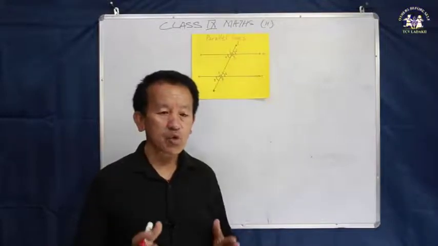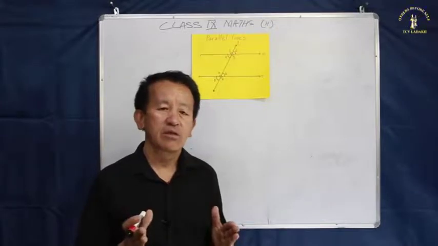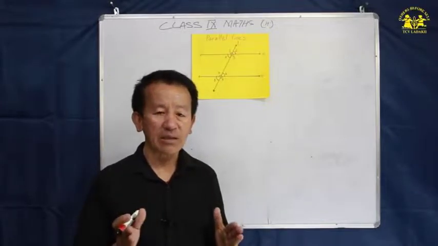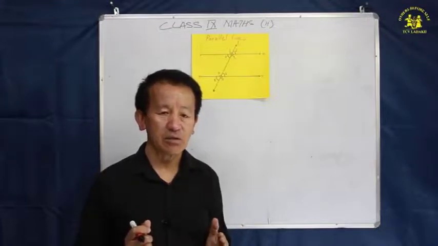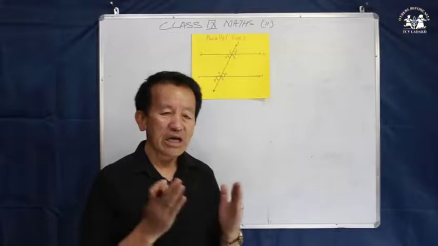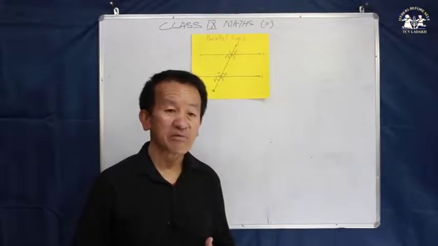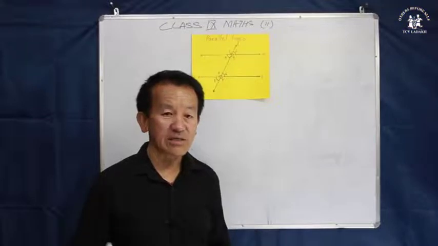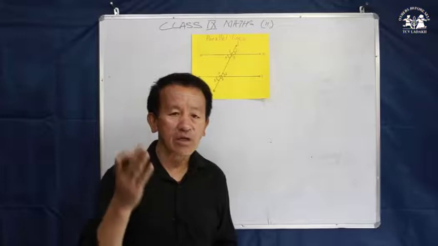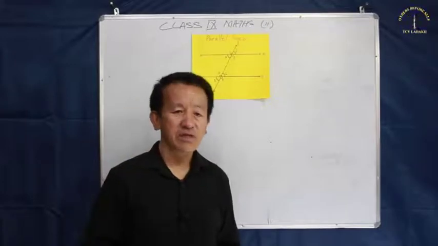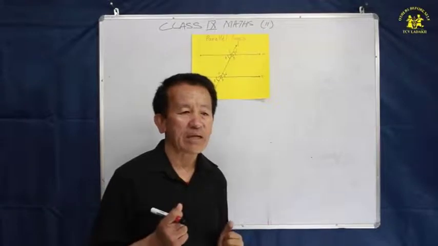If two lines do not intersect at all, then we call them parallel lines or non-intersecting lines. If two or more lines are intersected by a third line, that line is called a transversal. Today we shall discuss mainly parallel lines.